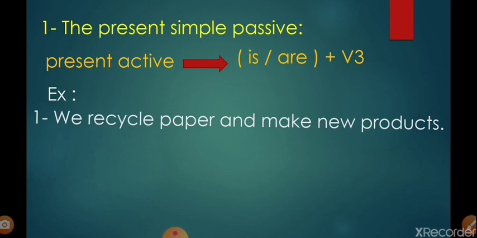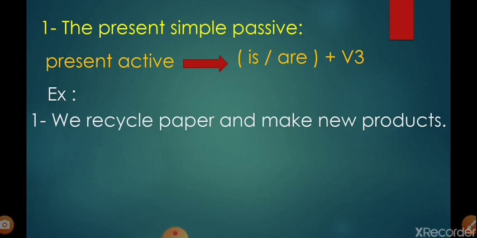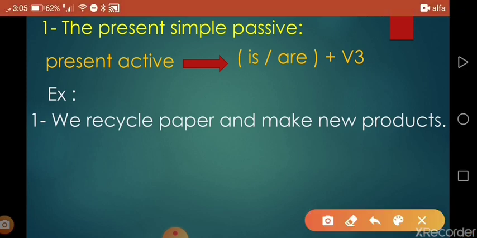We recycle paper and make new products. As you see, this sentence is consisting of 2 parts. The first part is we recycle paper. The second part is make new products.